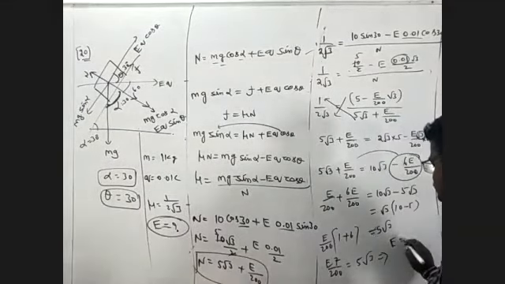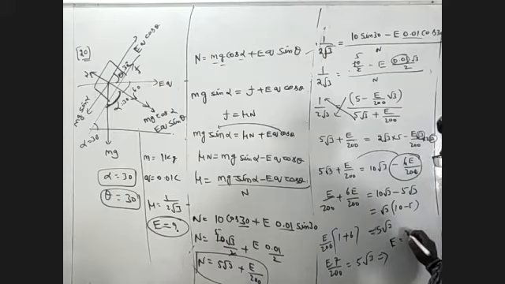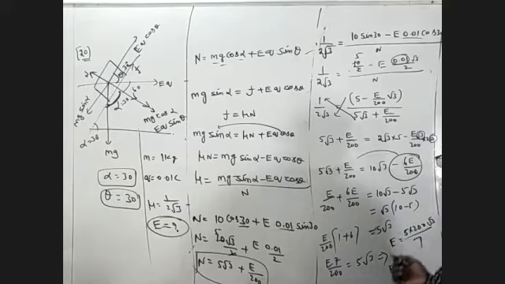We need E, which is equal to 5 into 200 root 3 by 7, that is 1000 root 3 by 7.